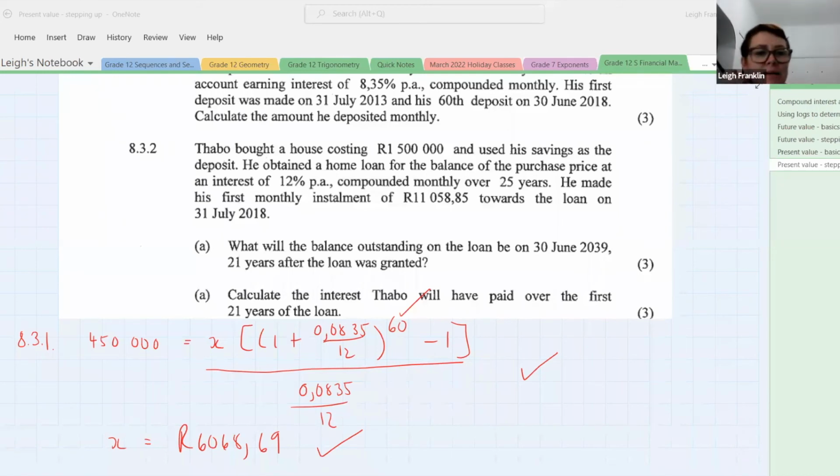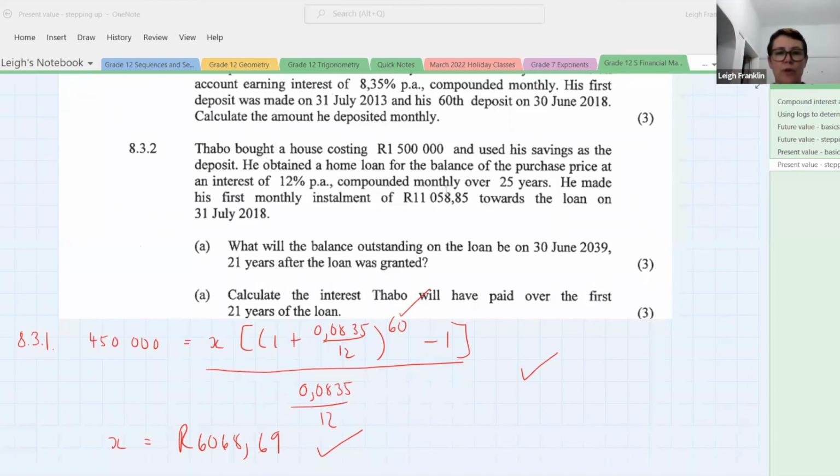Now, part A. Thabo now buys a house that costs 1.5 million, and he used his savings as his deposit. He obtained a home loan for the balance of the purchase price at an interest of 12% per annum, compounded monthly over 25 years. He made his first monthly installment of 11,058 Rand and 85 cents towards the loan on the 31st of July 2018.